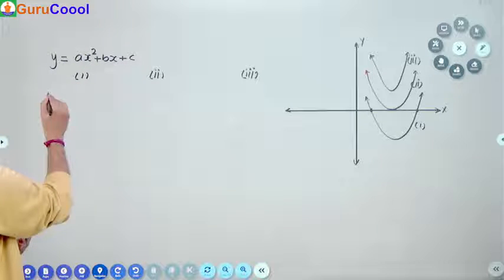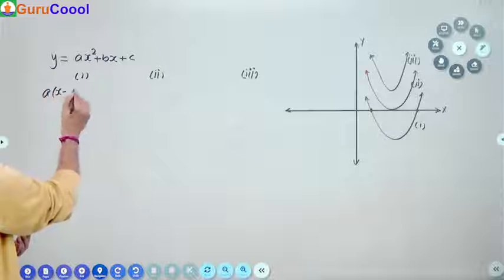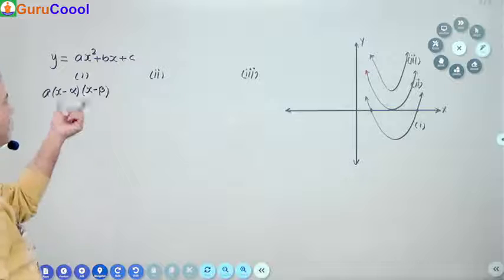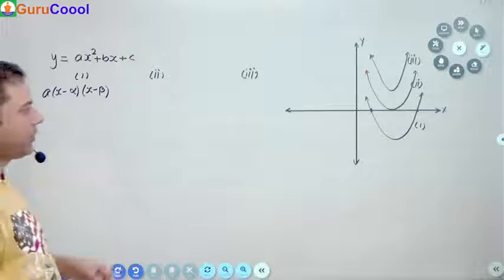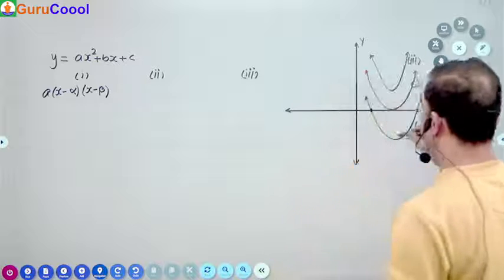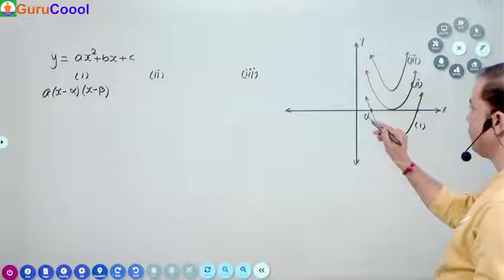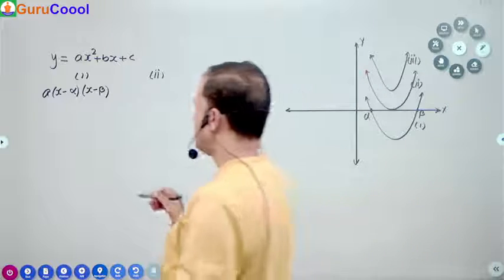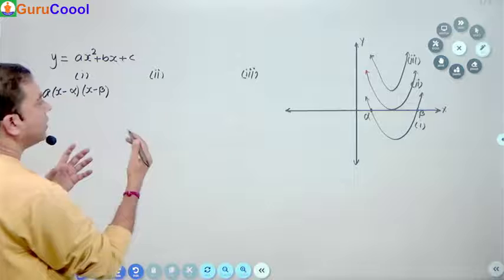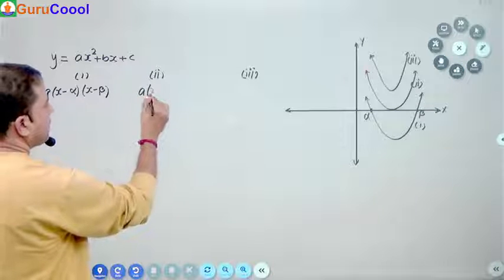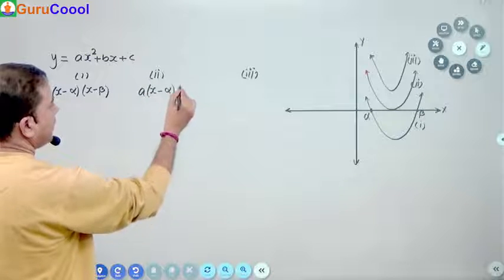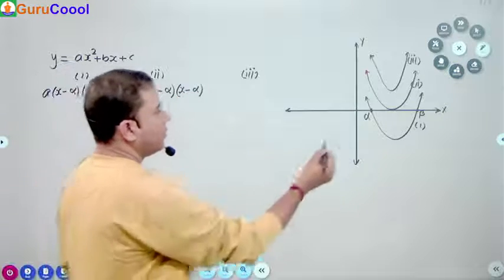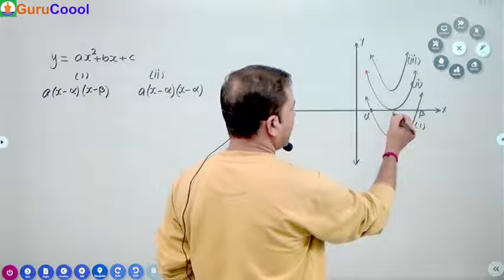Two different factors like a times x minus alpha, x minus beta. Two different factors because you have two different zeros. So the graph is crossing x-axis at alpha and beta. This is the meaning. In the second case, you will have two equal factors, a times x minus alpha into x minus alpha. So this is touching x-axis at alpha.